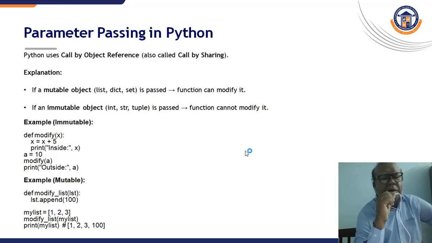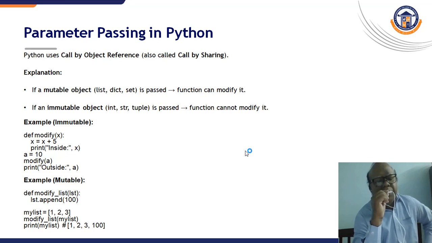For example, in the main program you are passing an integer value, and you are calling a function called modify with that value, and inside the function they are trying to change the x value and printing it. Similarly, they are also printing outside in the main program after calling the function, so the old value, 10, will be there, because it is immutable.